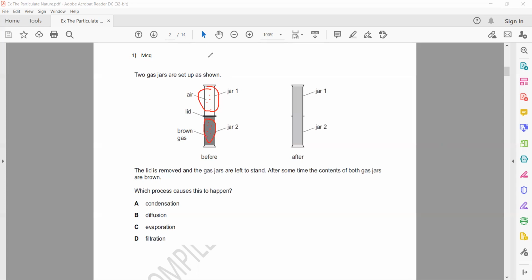But when we remove the lid, the brown gas moves from high concentration to lower concentration, as well as air moving from higher concentration to lower concentration. And when particles move from a region of higher concentration to a region of lower concentration, we call this process diffusion. So B is the right answer for question 1.